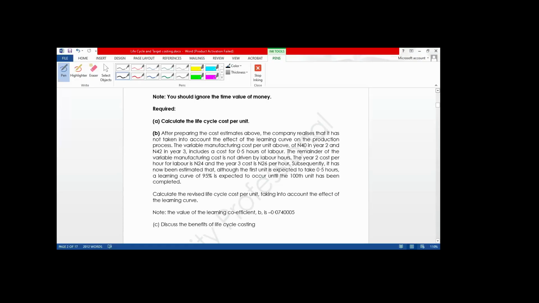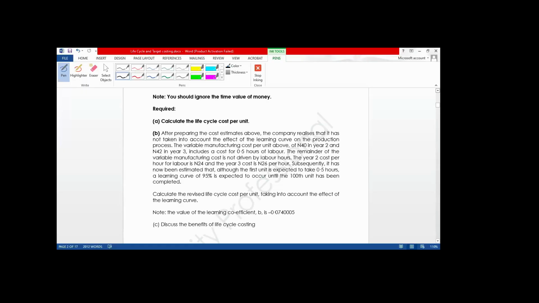The hour the employee spends will continue to fall because an employee that is engaged in repetitive tasks is going to acquire skills, expertise, competency over time.